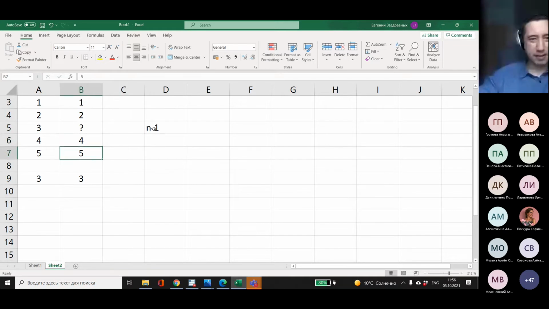Imagine that you know the sample average and you know 4 numbers in your sample, but you don't know one number. No one knows what the number is. In this case, we can say that we lose 1 degree of freedom, n minus 1.